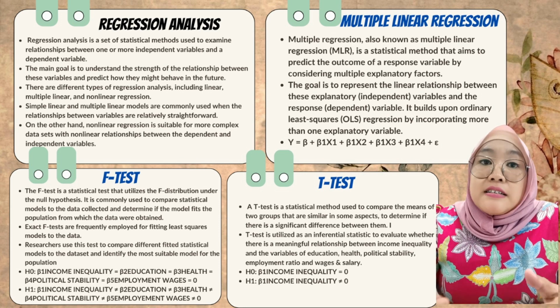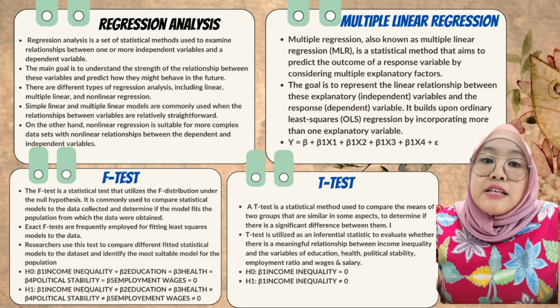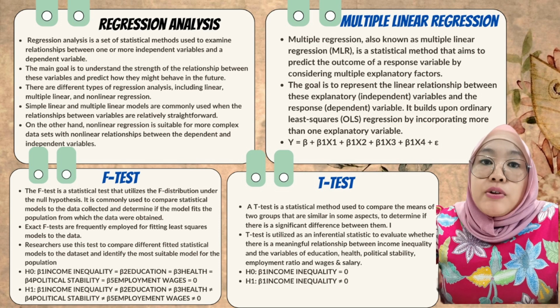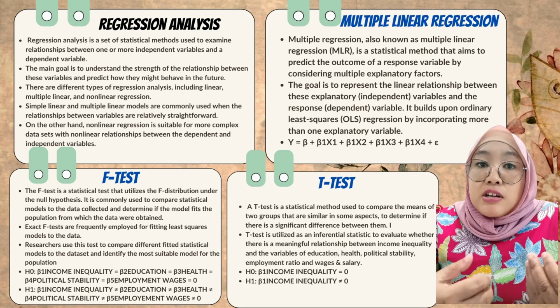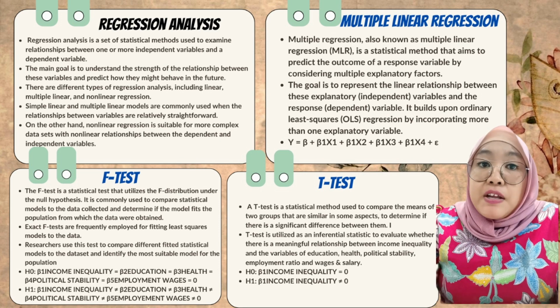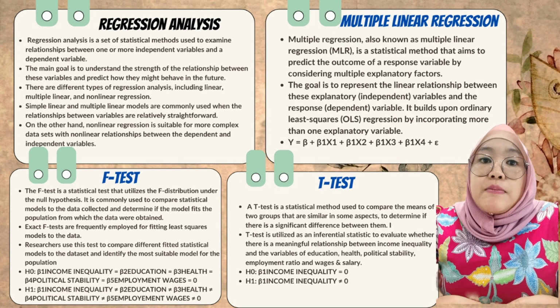The t-test is a statistical method to compare the means of two groups that are similar in some aspect to determine whether there is a significant difference between them. T-tests are utilized as inferential statistics to evaluate whether there is a meaningful relationship between income inequality and the variables of education, health, political stability, employment ratio, and wages and salary.